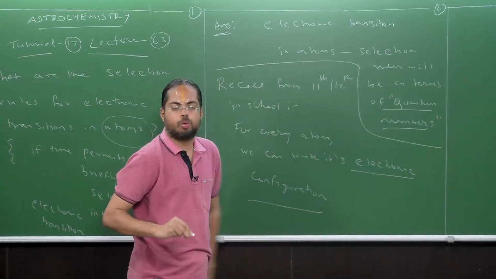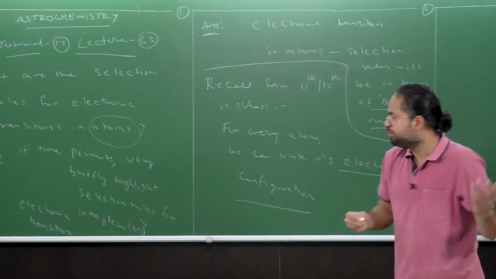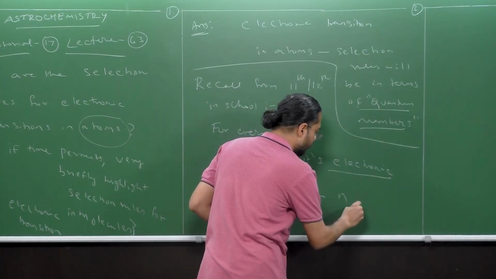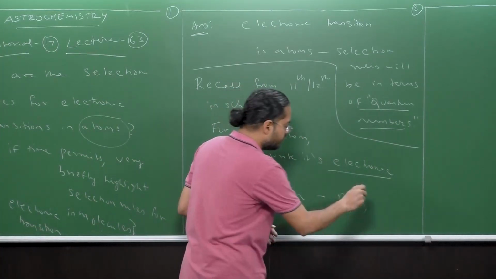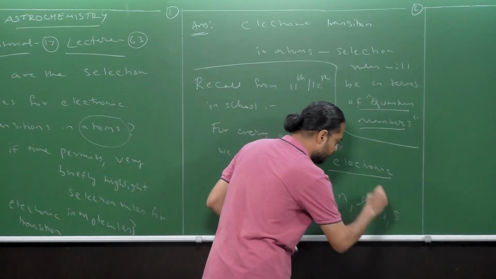So what will the electronic configuration be expressed in terms of? The principal quantum number n, the azimuthal quantum number l, the magnetic quantum number m sub l, and the spin quantum number s.